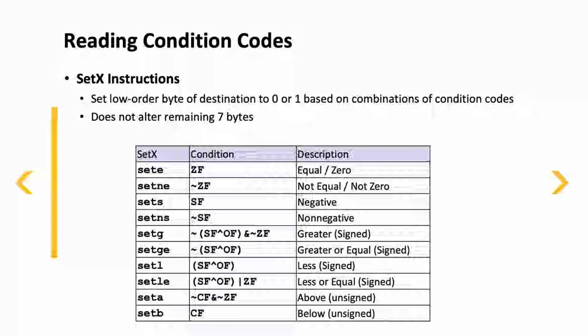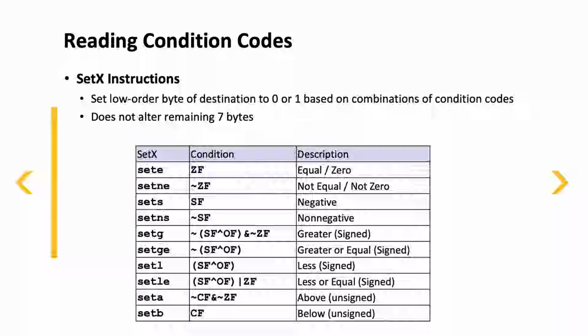Now, once we've gotten our condition codes set, sometimes we're going to need to read them, right? For example, what if I have two values, x and y, and I just need to find out, is x greater than y? This is the kind of thing we use for controlling our program flow all the time, right? Think about pretty much every condition you put in for an if-then statement.